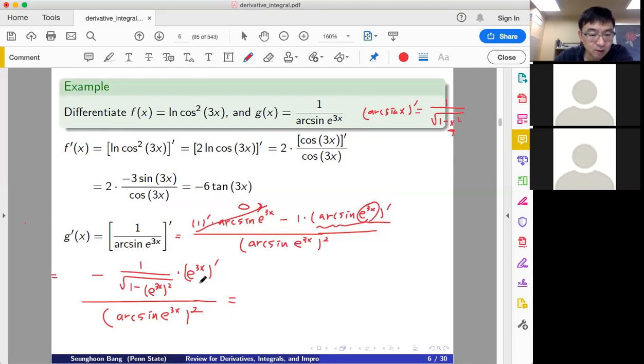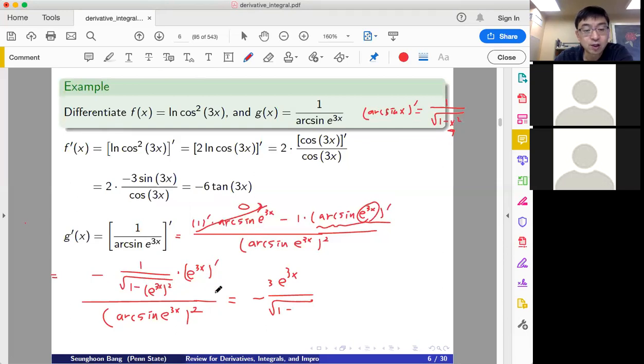So what's that? e to the 3x, prime. We can combine this into one numerator. Negative e to the 3x prime is e to the 3x times the inner function 3x prime. The inner function 3x prime is only 3, over the square root of 1 minus e to the 3x squared, is only multiplying 3x into 2.